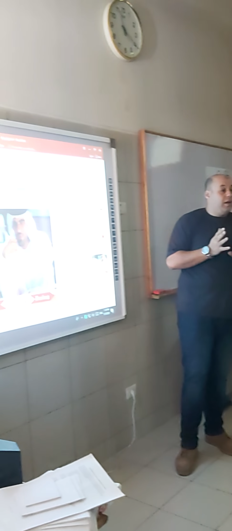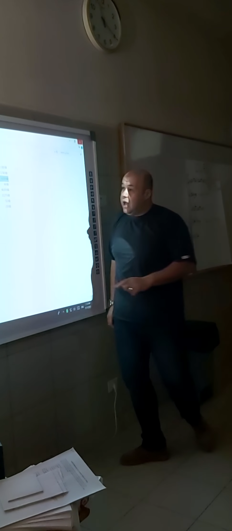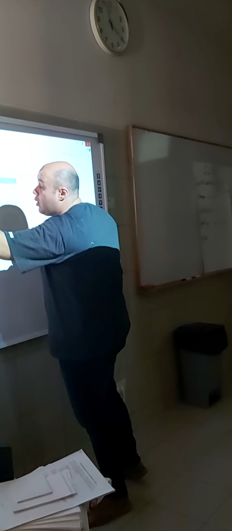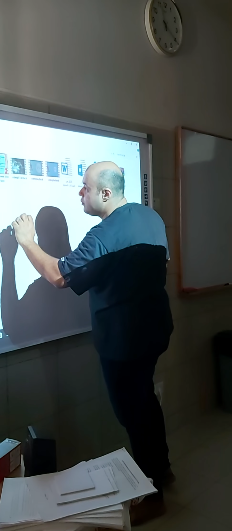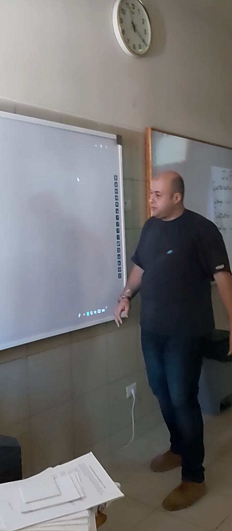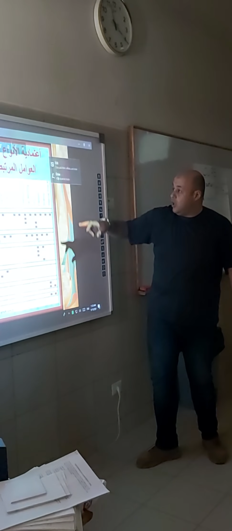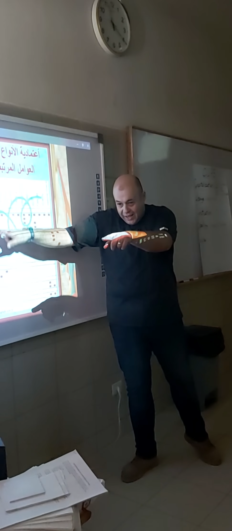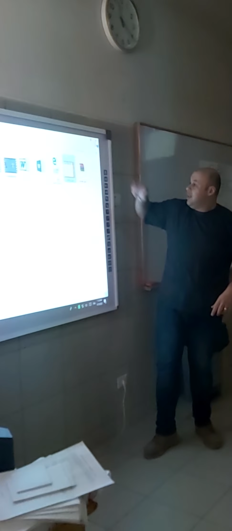So we can control PowerPoint, PDF, and also a photo, like this one. We can edit on it, draw on it. This is another answer for another extension, for another application.